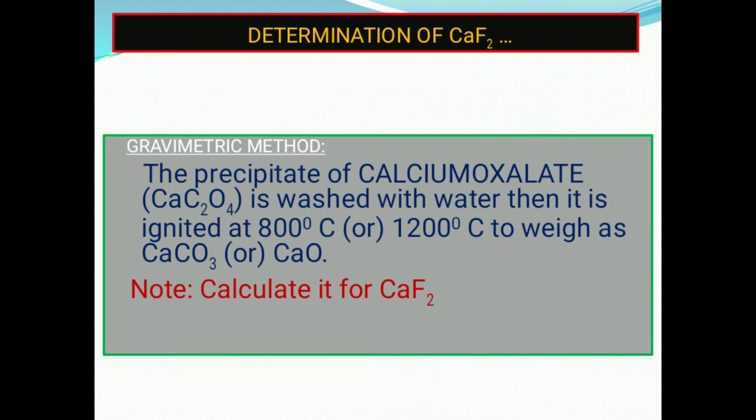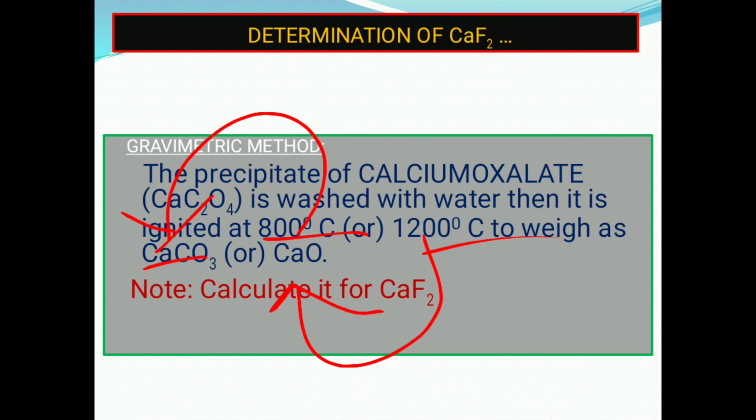If you go for gravimetric method, then the precipitate of calcium oxalate is washed with water, then it is ignited at 800 degrees Celsius or 1200 degrees Celsius. If it is ignited at 800 degrees Celsius temperature, then calcium oxalate will lose 1 mole of carbon dioxide to produce calcium carbonate.